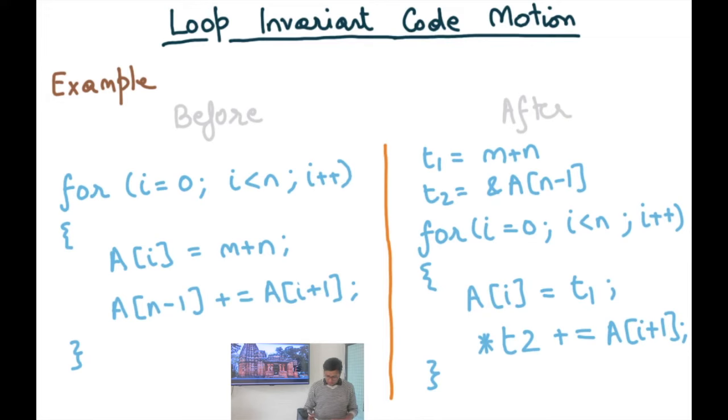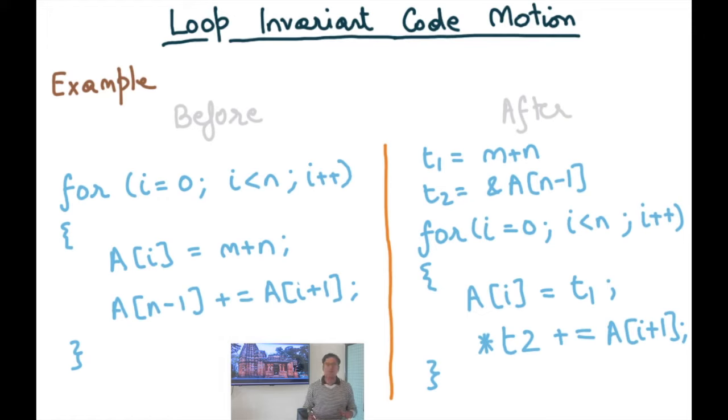I also want to point out that it is not necessary that this transformation actually reduces your program time, because if, for example, n was 0 in this example, this loop would have never executed. And if this loop would have never executed, I would have never had to compute m plus n, or I would have never had to compute the address of a[n-1].